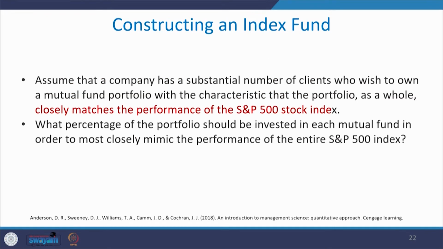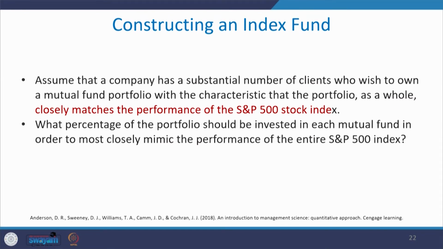Assume that a company has a substantial number of clients who wish to own a mutual fund portfolio with the characteristic that the portfolio as a whole closely matches the performance of the S&P 500 stock index. So, these investors say that they want a portfolio that has to match the performance of the S&P 500 stock index.